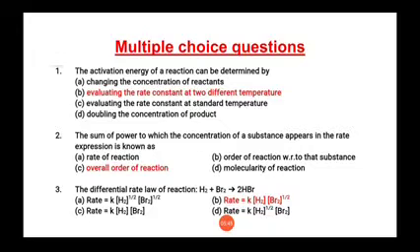Here we all know that this is a special case in which rate is written as minus d[H2] by dt is equal to k [H2] raised to 1 into [Br2] raised to 1/2. So our answer is B, because whenever we are doing this reaction at industrial level, for 1 mole of hydrogen only half mole of bromine is required.